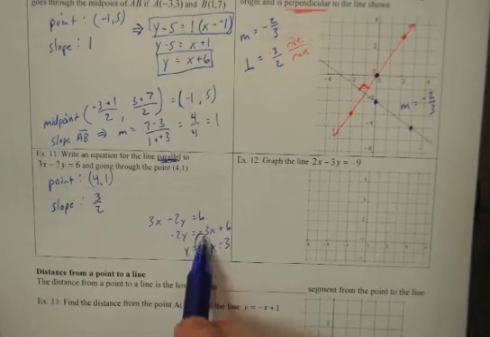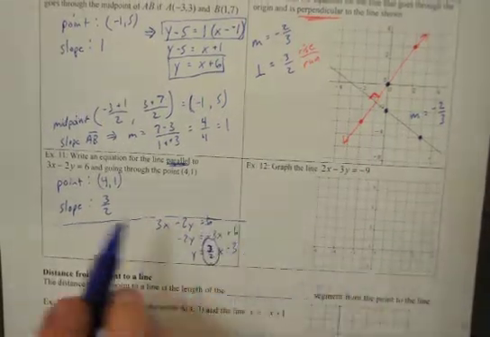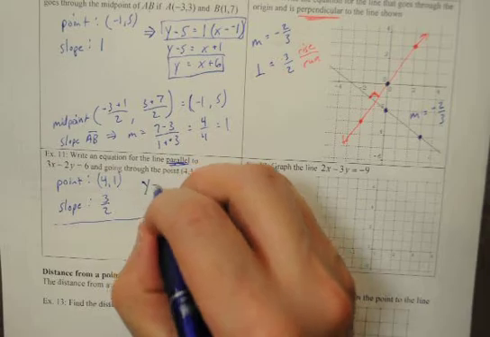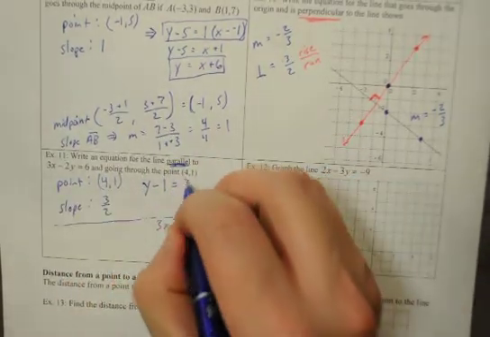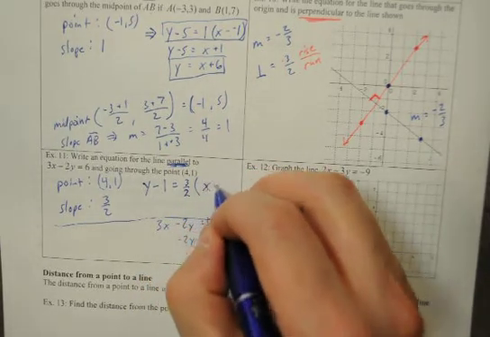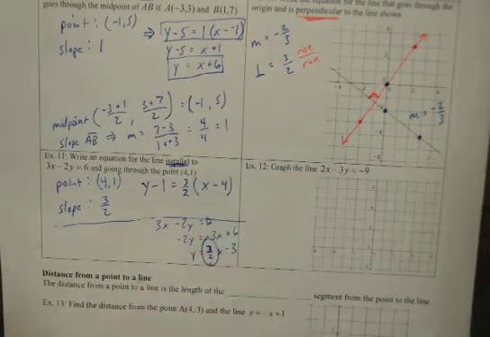This is our m. Alright, so now with this said, we can make our line. y minus our y value equals m times x minus our x value, like that. There's our line. We don't need to make it pretty. There it is.